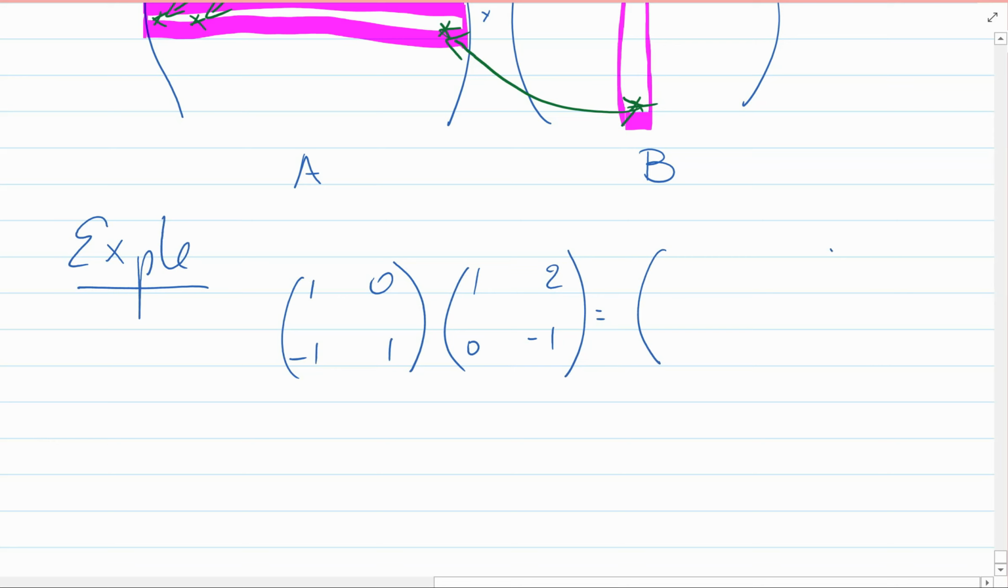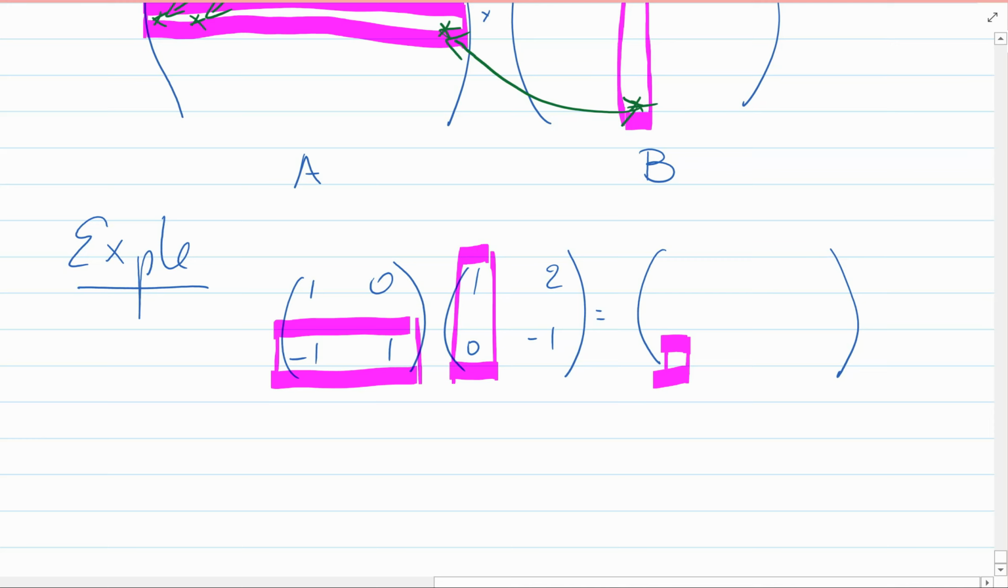So now how do we do it? How do I get, for example, this number? This is the first column, second row. So if I multiply the first column with the second row, I will generate that number. This will give me 1 times minus 1, 0 times 1.